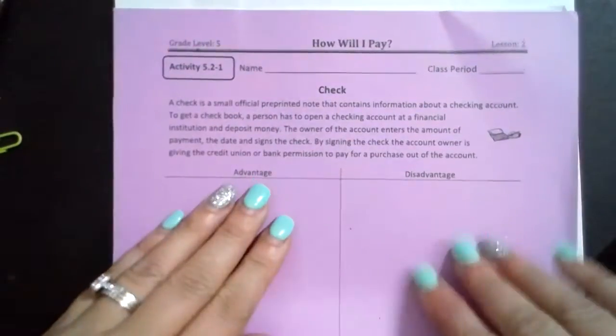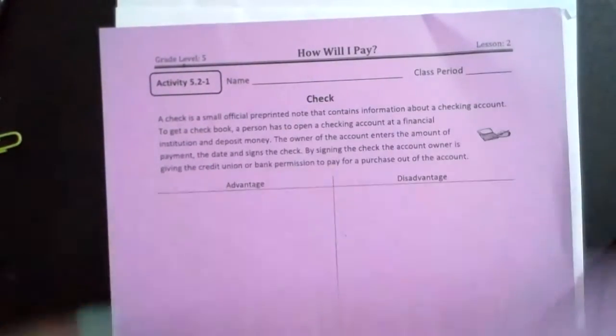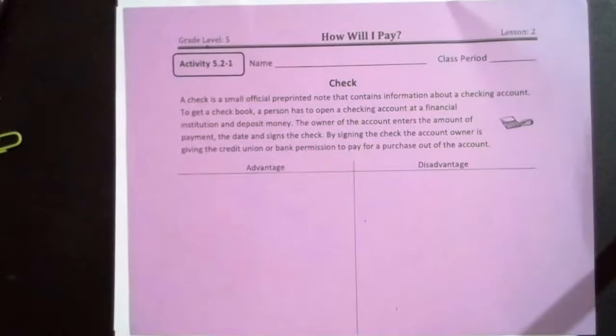All right, so put them back in the correct order. Again, your order is check, debit, credit, cash. So we have our check. Find the squares that go with check, and they say check in them. You are going to pause the video in just a moment.